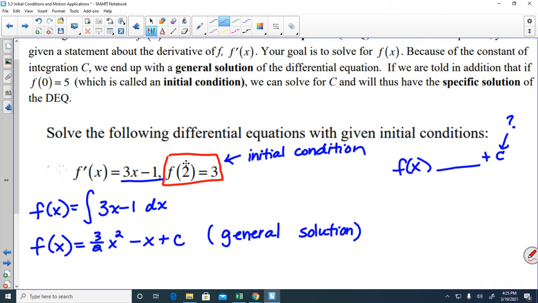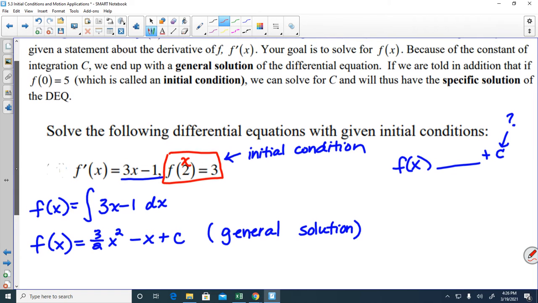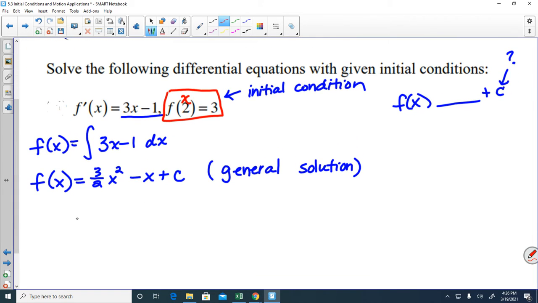This is telling me that when x is equal to 2, the entire expression will equal 3. So what I do is I take this expression, I substitute in the 2 for x, and I set it equal to 3. Doing that allows me to figure out what the c constant is.